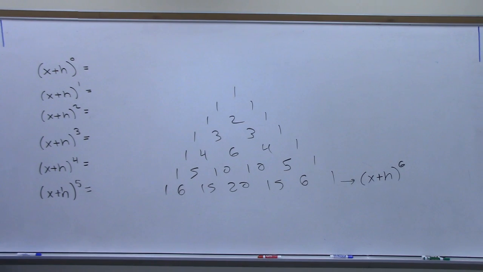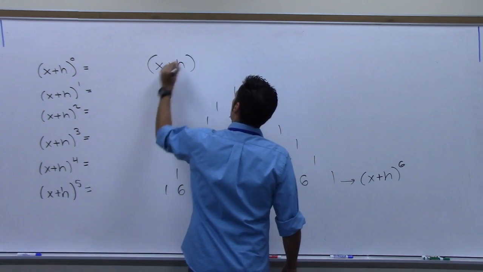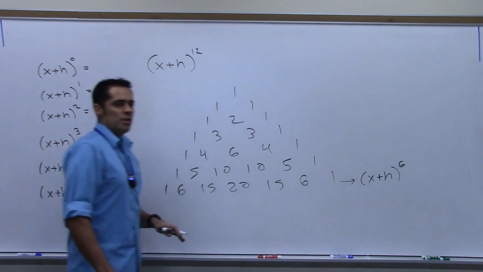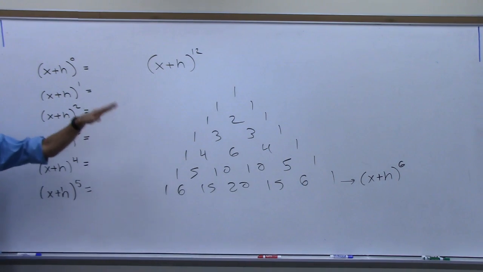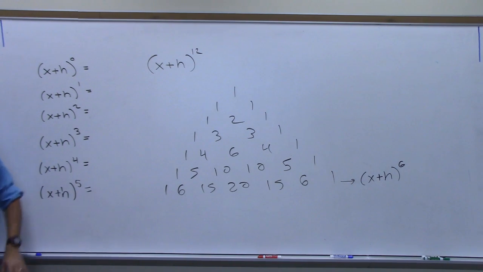The thing that's hard with this is, what would x plus h to the 12th be? You'd have to draw out enough of these triangle rows to figure out where it is, right? There is actually a shorter way to come up with the coefficients much faster, but it uses factorials.